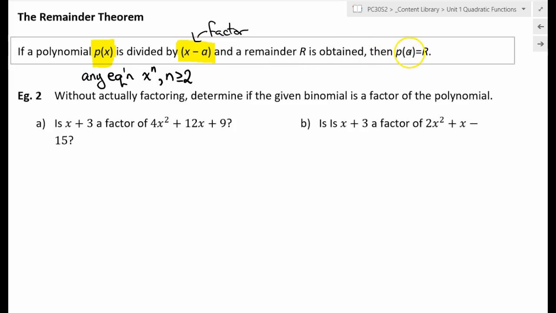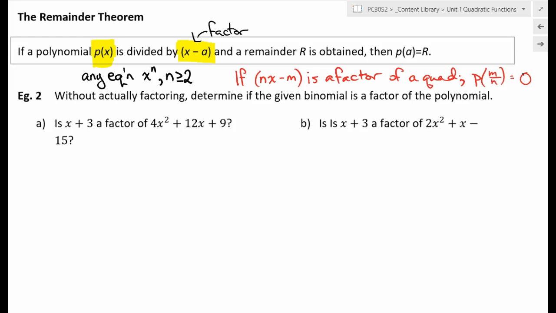Now, we're going to rephrase this a little bit. Okay, so if you want to write this underneath, for our purposes, if any factor or any binomial is a factor of a quadratic, then P of our value, which is m divided by n, should be 0.